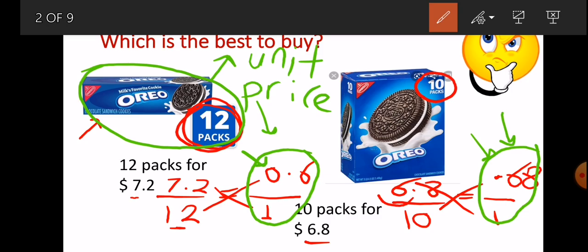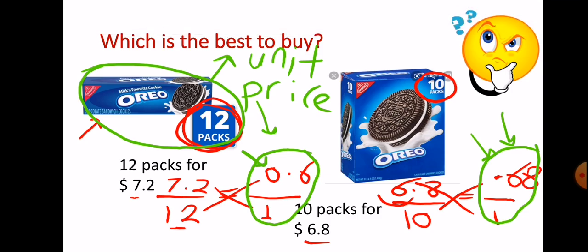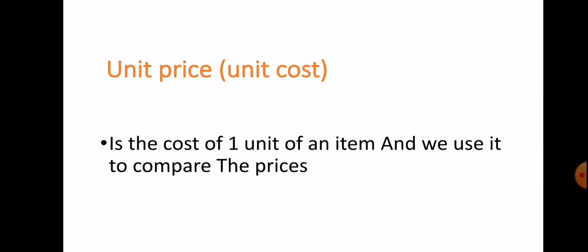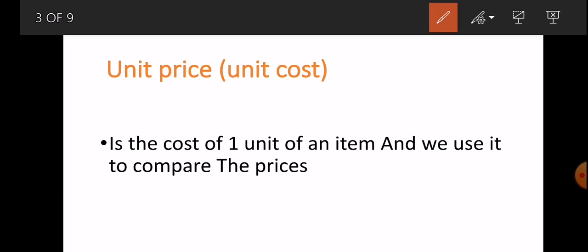So to compare two prices, if you have a lot of items or different offers and you want to compare, I can compare by using the unit price. The meaning of the unit price is the cost of one unit of an item, and we use it to compare the prices.